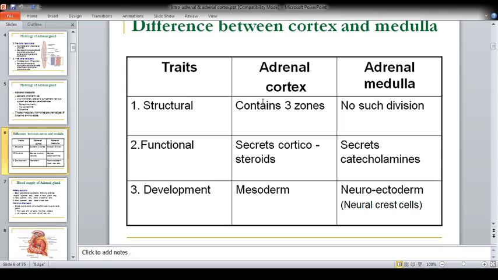And development of adrenal cortex takes place from mesoderm in the fetus, whereas adrenal medulla is derived from neuroectoderm or the neural crest cells. That is why it is more closely related to the nervous system as compared to the endocrine system. So all the glands of the body are derived from the mesoderm, whereas the central nervous system, etc., is derived from the neuroectoderm.